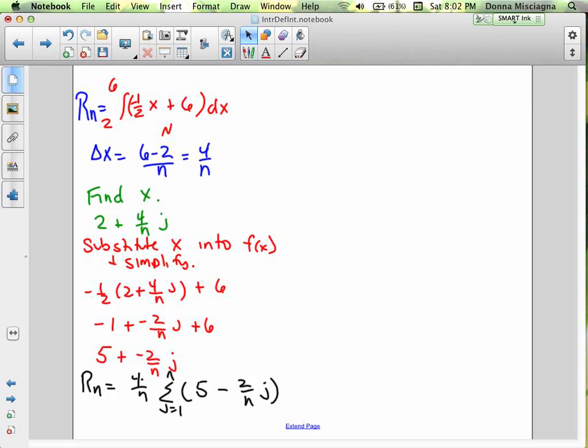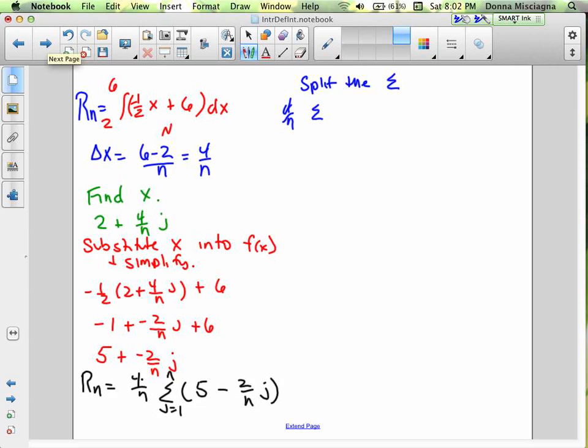And now let's split the sigma. So we have 4 over n, sigma, j equals 1 to n, 5, and then minus 4 over n, sigma, j equals 1 to n, 2 over n j.